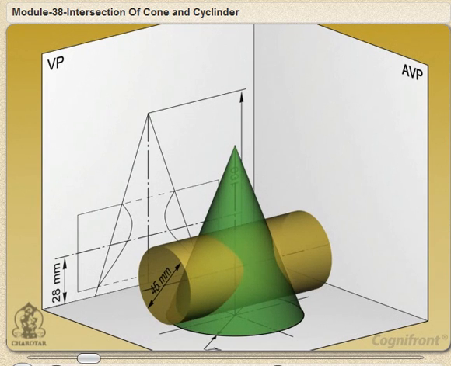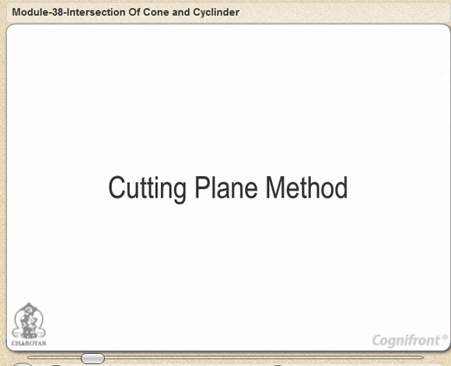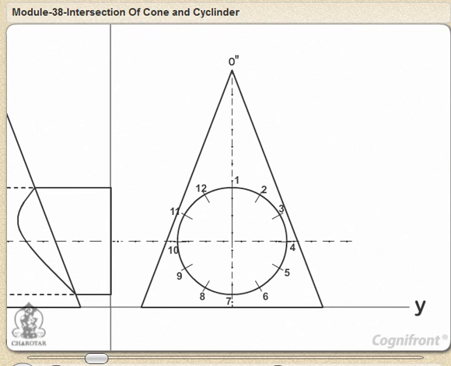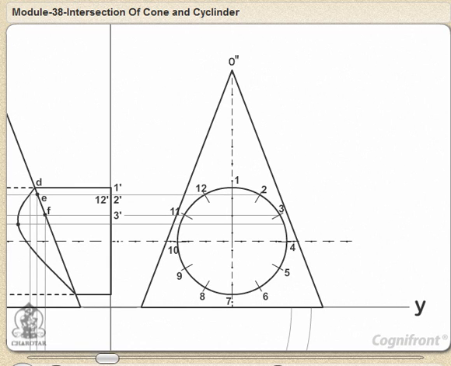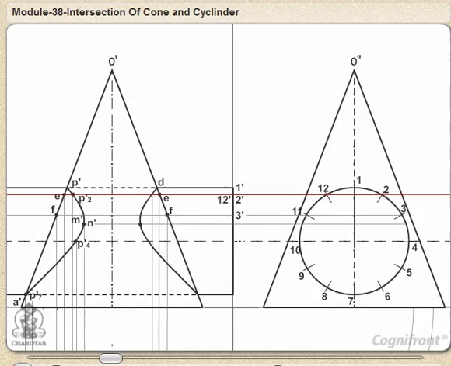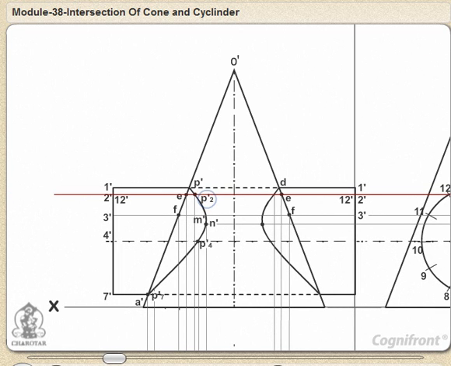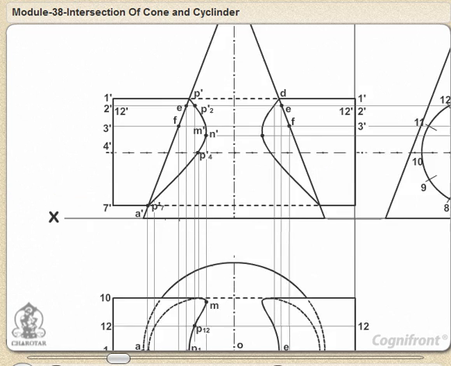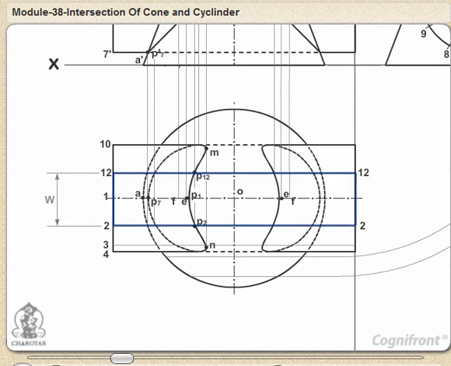Cutting plane method. Draw lines dividing the surface of the cylinder into 12 equal parts. Assume a horizontal cutting plane passing through, say, point 2. The section of the cylinder will be a rectangle of width W, while that of the cone will be a circle of diameter EE.